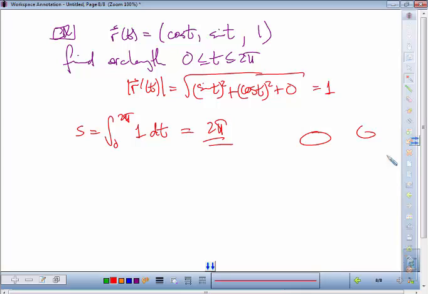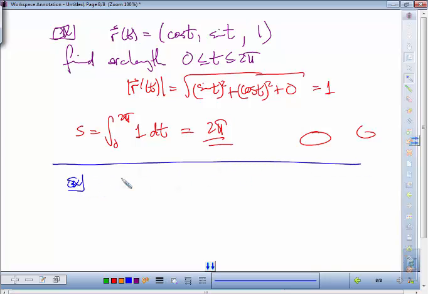Something a little bit more interesting is that other function that we had. Let's do just one more quick example. It's not going to be so simple. r of t is equal to, what was it? t cubed and t to the 6. But there was a constant in front.